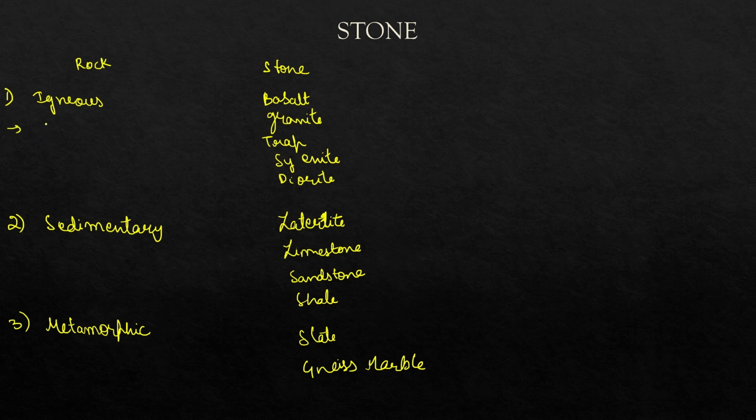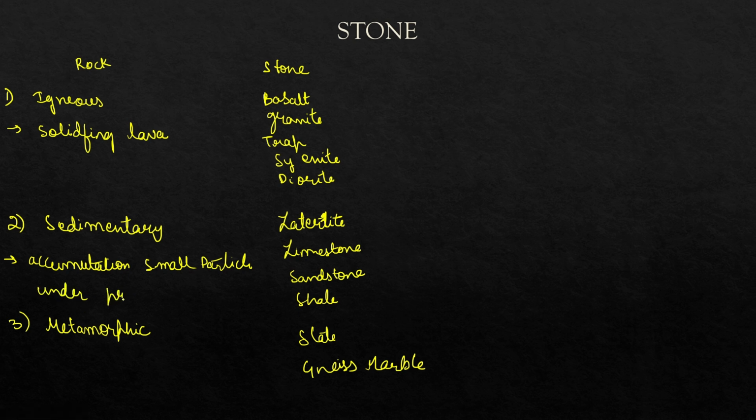Usually igneous rocks are formed by solidifying lava or magma. Sedimentary stones are like accumulation of small particles under pressure to form sedimentary stone.